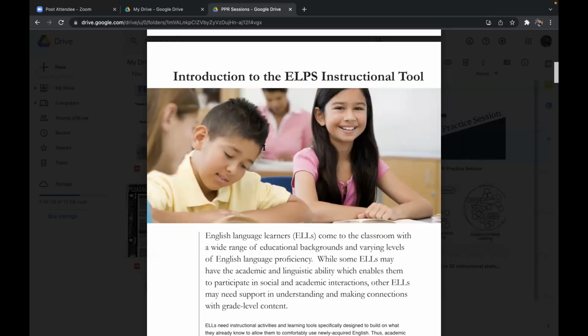Remember that our ELLs have a huge job. Their job is to not only learn grade level content, which is math, science, social studies, and whatever electives they're taking, but also simultaneously at the same time learn a whole new language. And English isn't super easy. We have nonsensical rules for no reason in our language.